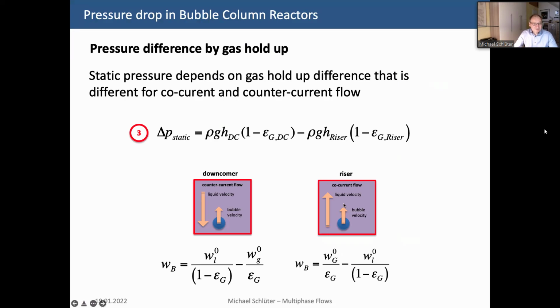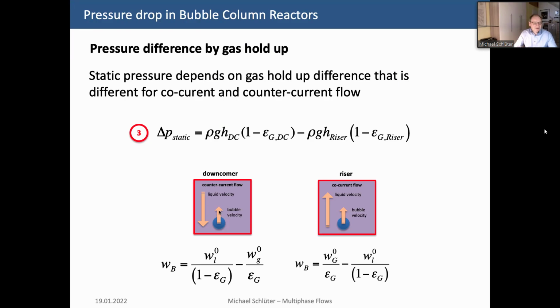So higher gas hold up, lower gas hold up. This means that between the inside and outside of the draft tube, with countercurrent and co-current flow, we have a pressure difference, and this pressure difference has to be overcome with some momentum that comes from feeding the gas into the system or using a nozzle or whatever.